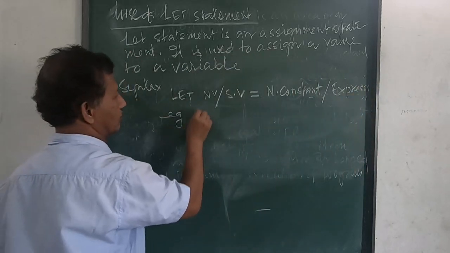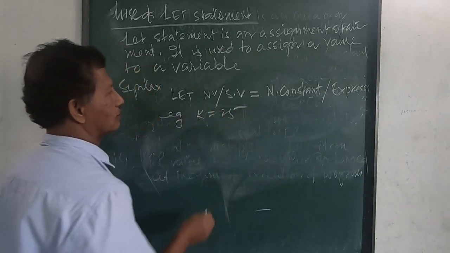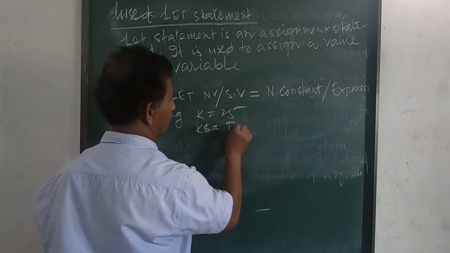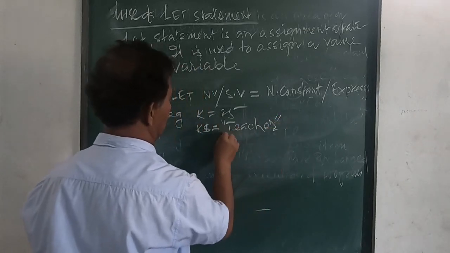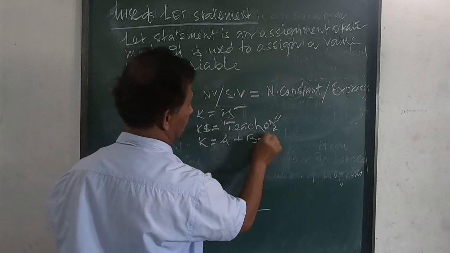Example: k equal to 25, or k$ equal to teacher, or k equal to a plus b plus c.